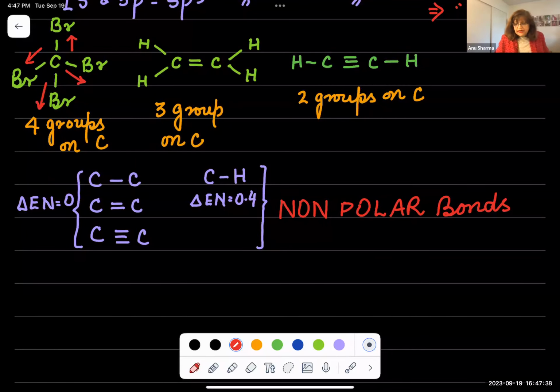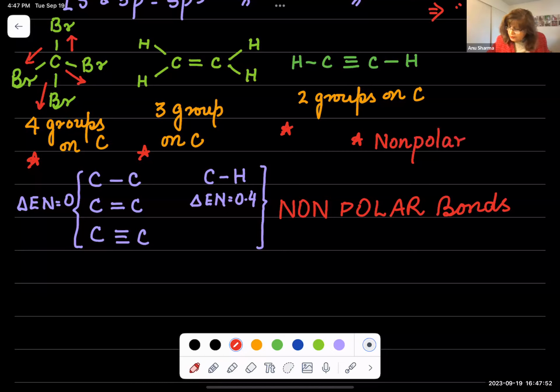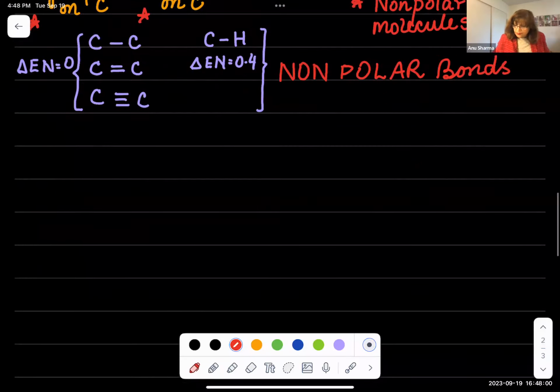Bromine is highly electronegative, but this becomes a non-polar molecule, overall non-polar molecules. So anytime you have carbon-hydrogen bonds or carbon-carbon bonds, non-polar.